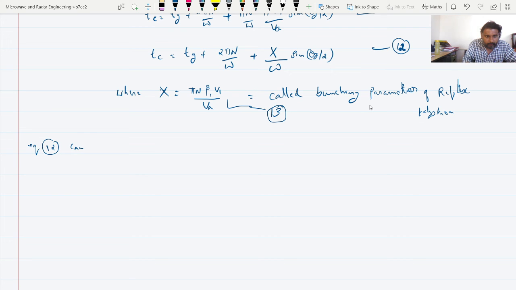Equation 12 can be written as Tc is nothing but Tc plus 2 pi n plus, sorry, my stylus is not properly working, plus I can write x of sin theta g minus theta g by 2.